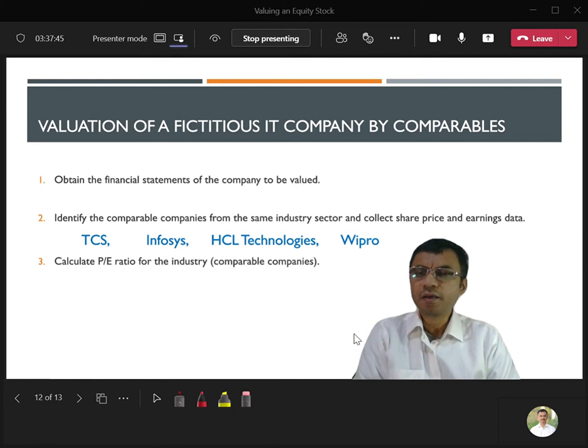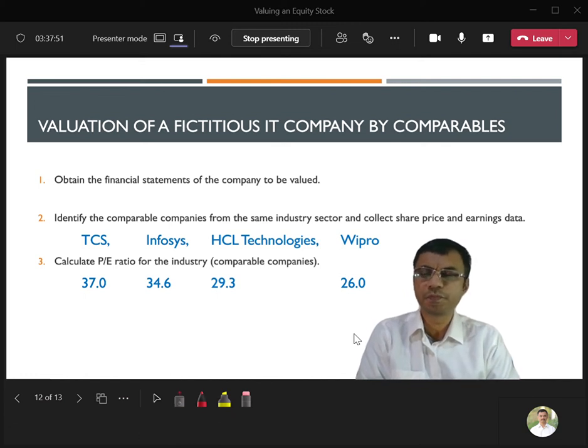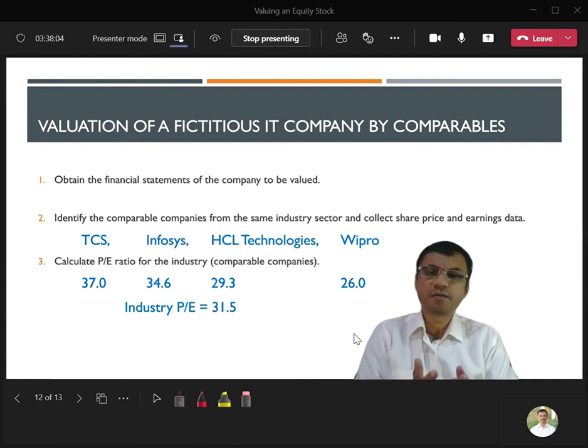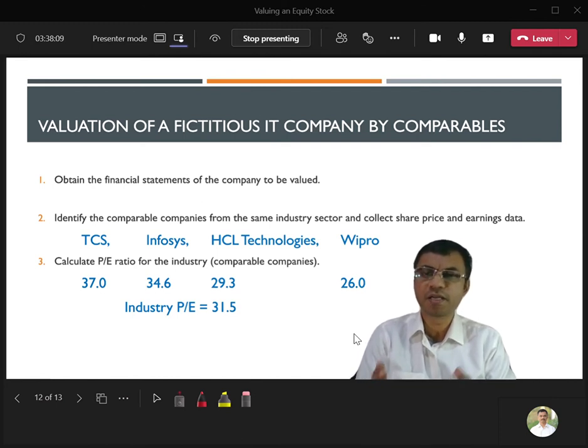Then the price earnings ratio of all these four is to be calculated, and I know from the available data that it is in the range of 26 to 37, and let's say that it is at an average of 31.5. So we can say that the companies in the IT industry, the large cap companies, are usually in the range of 31.5 P by E ratio.